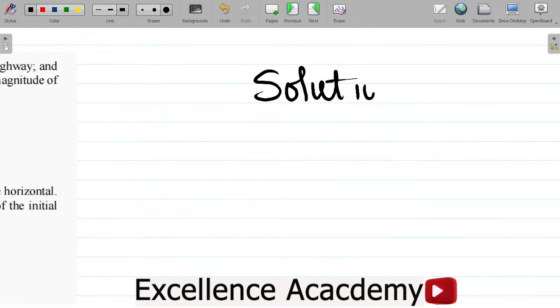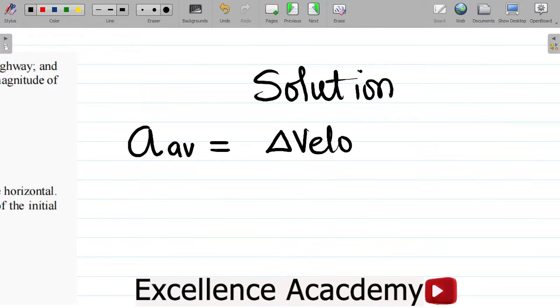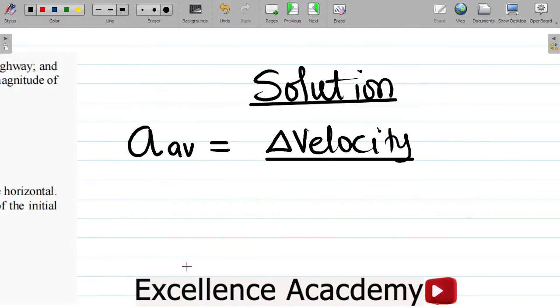Let's start with the solution. We want to note that average acceleration, a average, is equal to change in velocity over change in time.